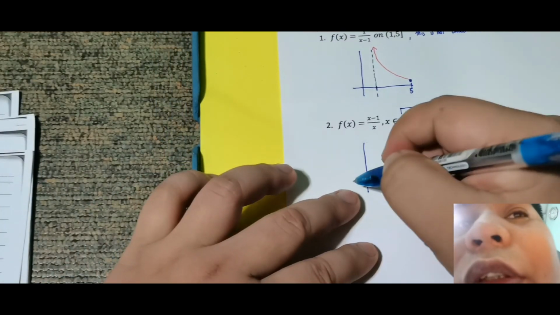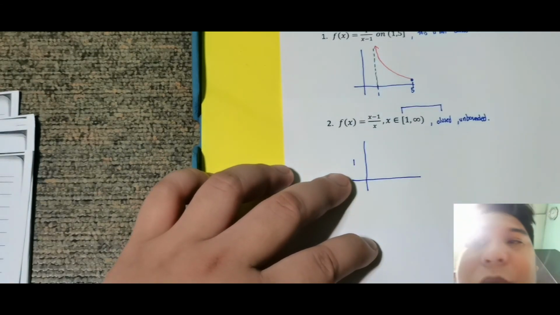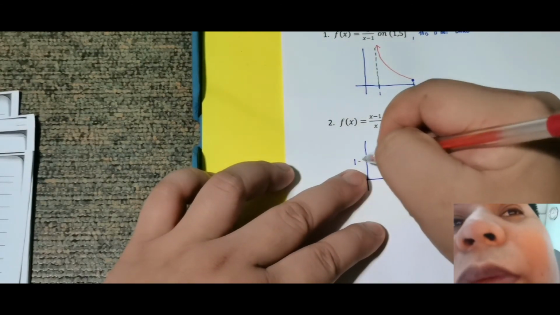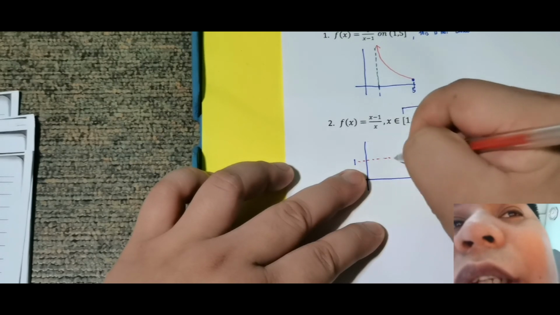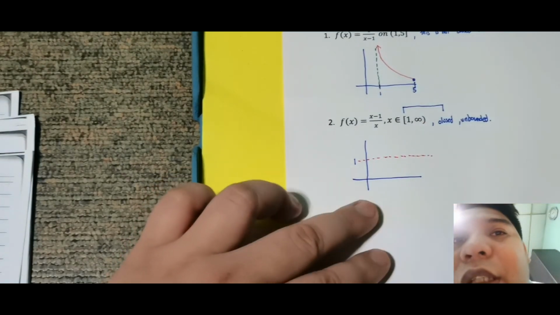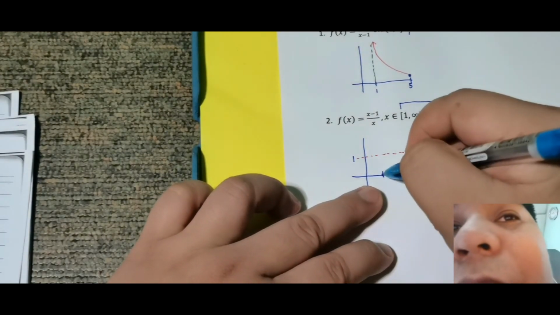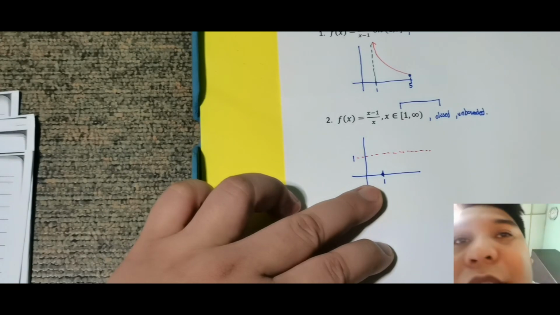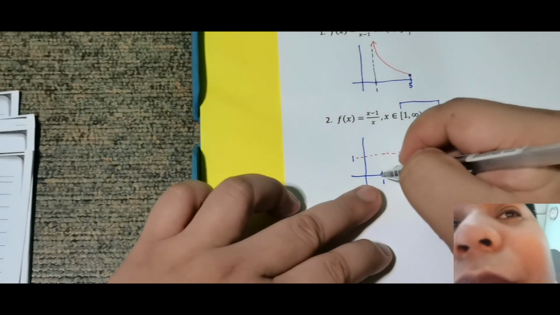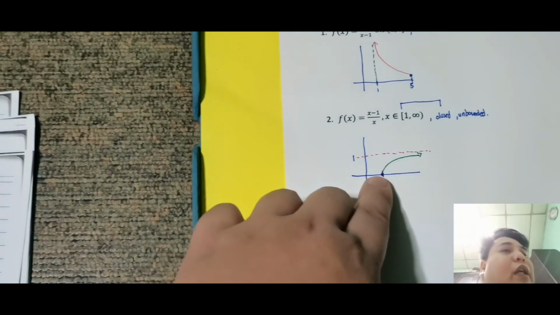Pinalagyan graph natin. So let's say ito yung graph. Let's say ito yung 1. Yung function natin na yan is somewhere na ganito itsura. Bounded siya kasi hanggang 1 lang.